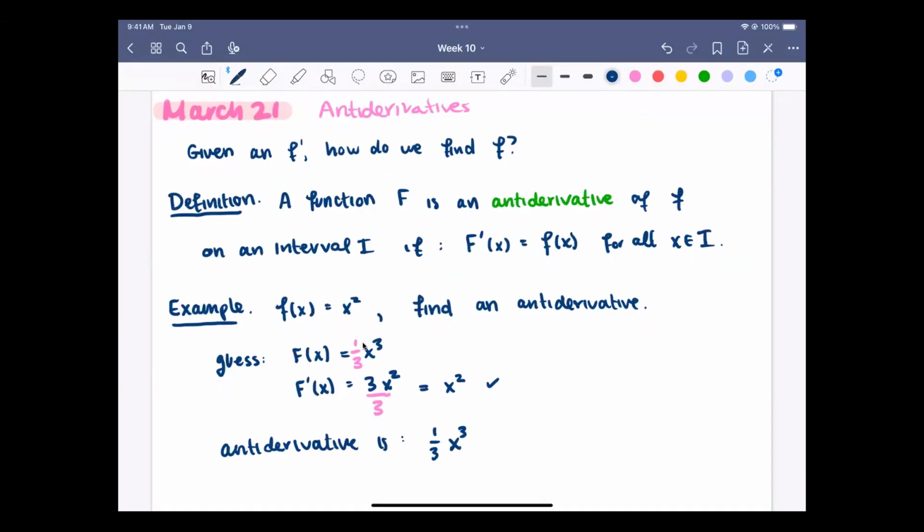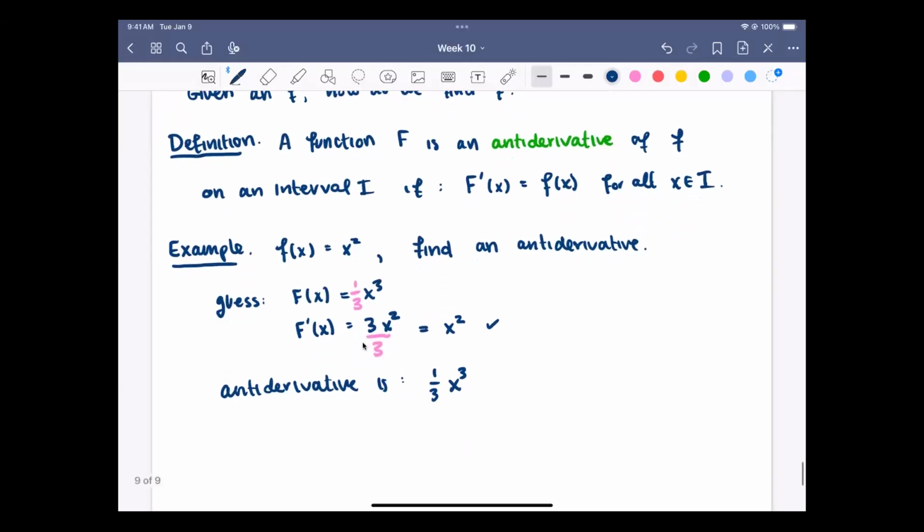Can anyone think of another antiderivative? Yeah, if I added any constant to this, I'll just add 7 or something, this is also an antiderivative.